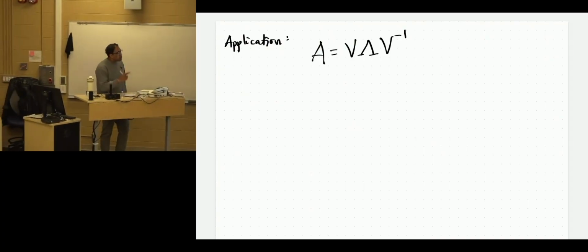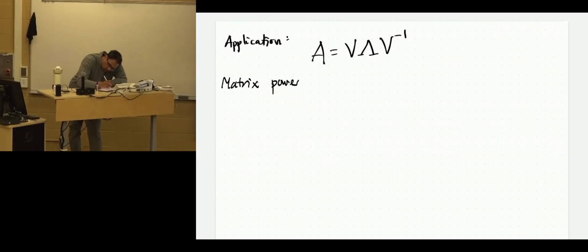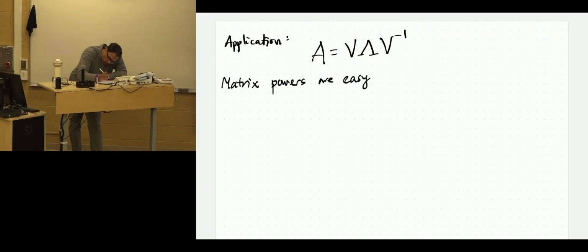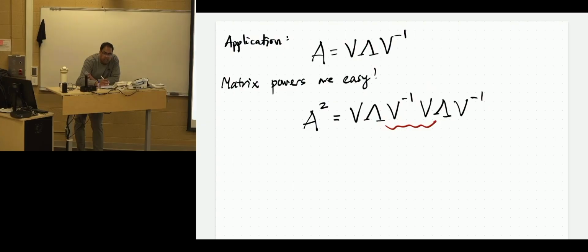Matrix powers become really easy to calculate once you have the eigenvalue decomposition of a matrix. Why is that? Well, let's see what happens if we square A. I'm going to have V Lambda V inverse times V Lambda V inverse. But check it out. I have V inverse times V, and we know that that's just the identity matrix.